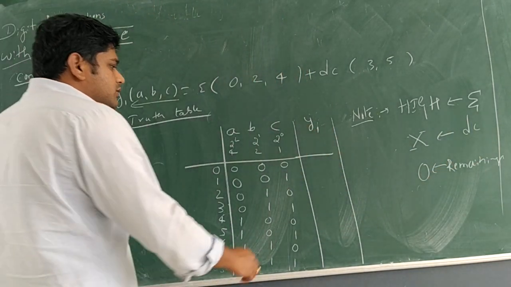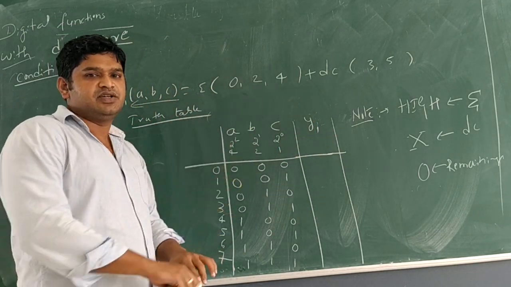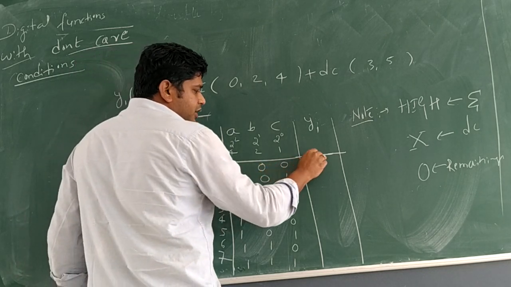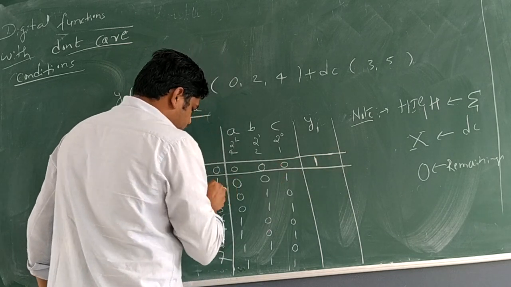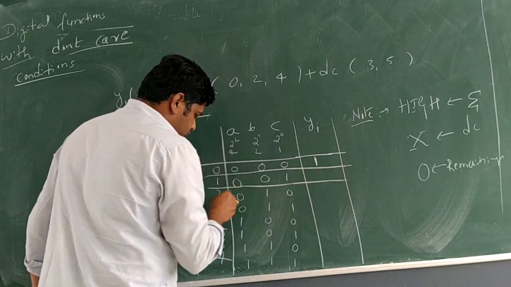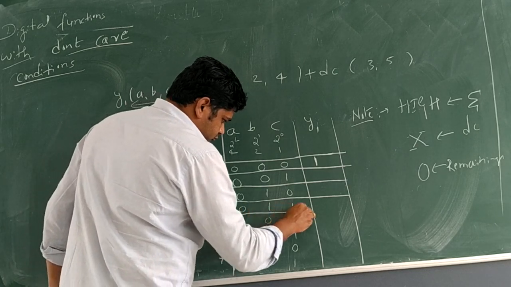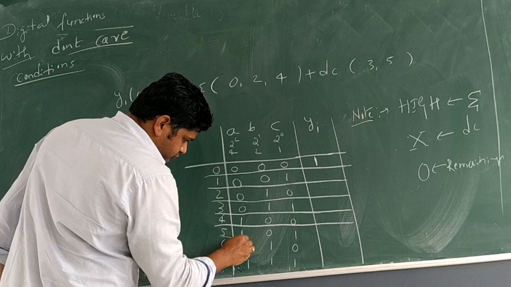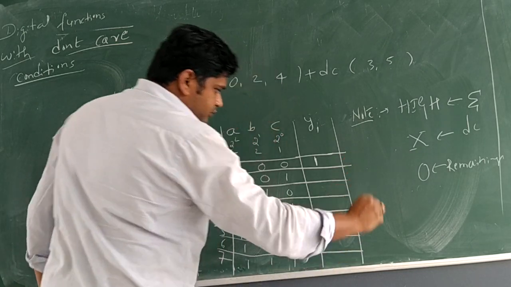See here, what are the elements given in the summation set? 0. So for the summation set, first 0. What is the symbol we should write? Okay.